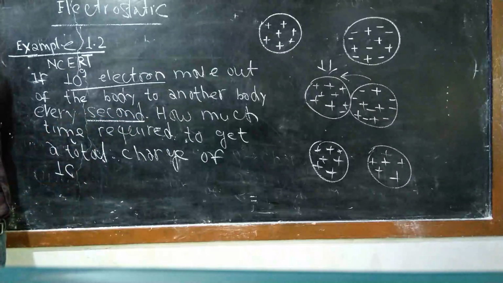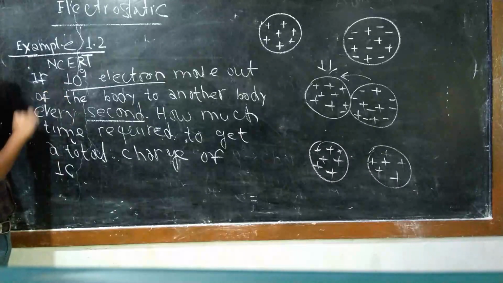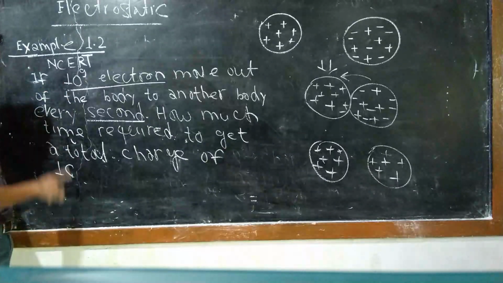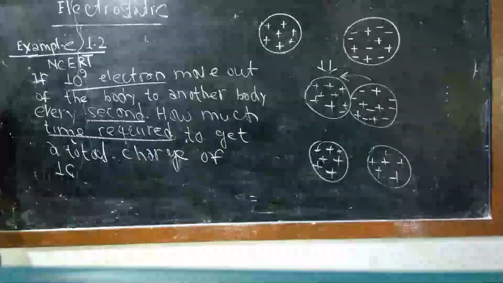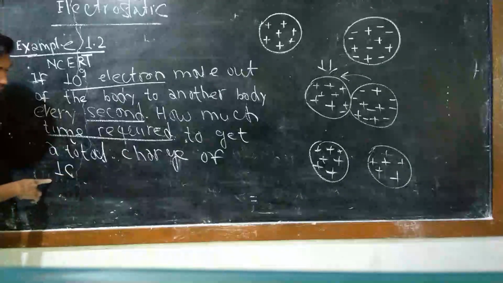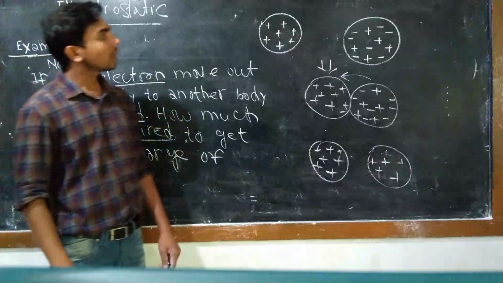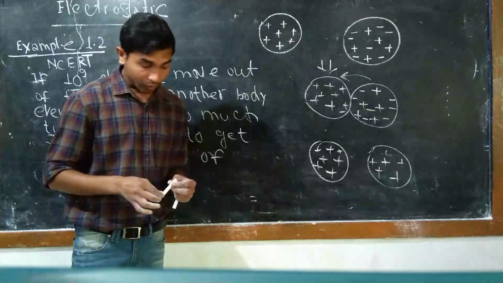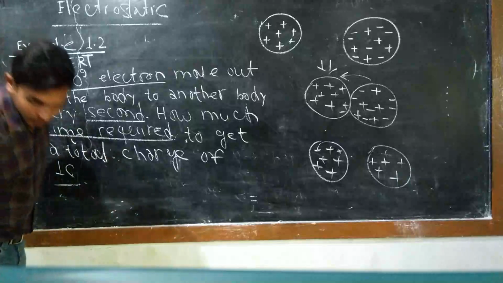That means in 1 second, this many electrons are going out. And what do we have to find? Time required. We have to find the time required to get a total charge of 1 coulomb.